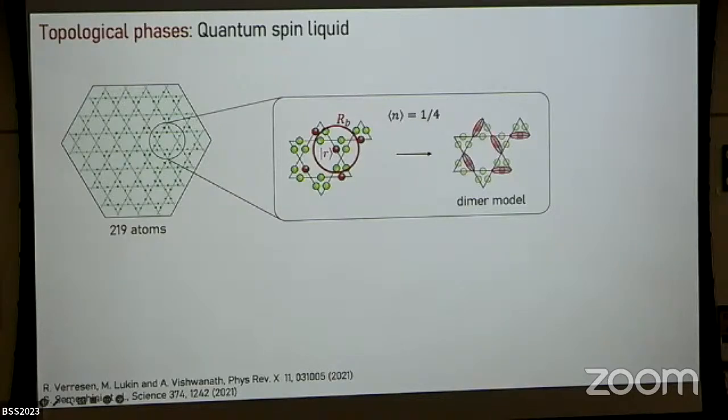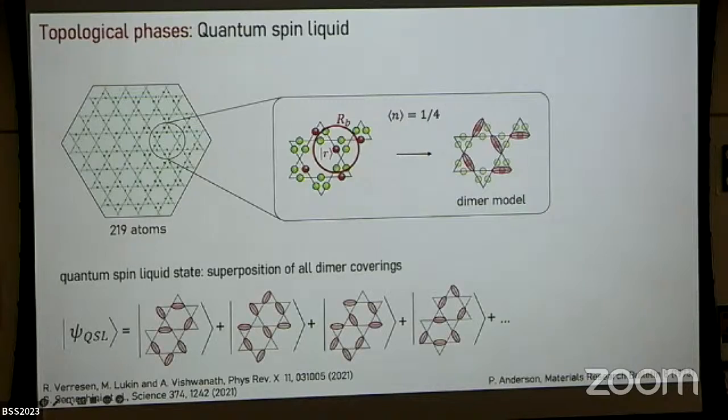And as I mentioned, these correspond to a dimer model, in this case, a dimer model of the Kagome lattice. So when you have a dense packing of excitations here, you have a density of 1/4, and each vertex of the Kagome lattice is only touched by a single dimer. Okay, so that's the model.